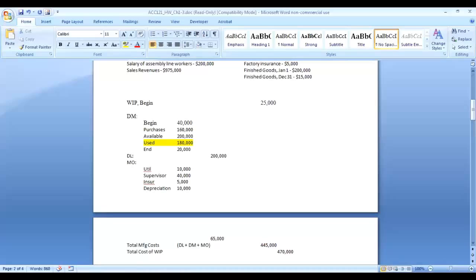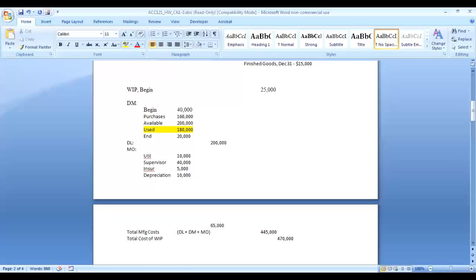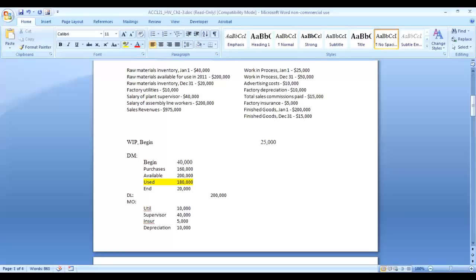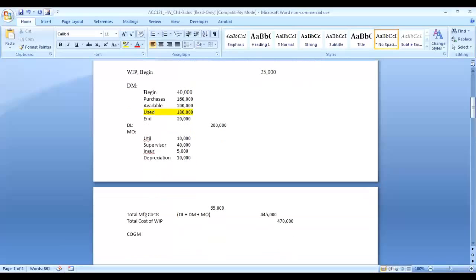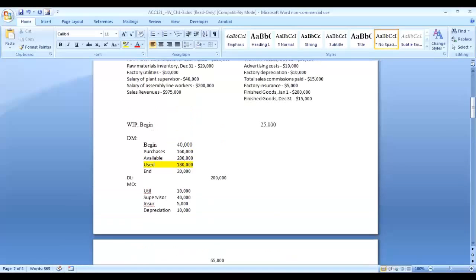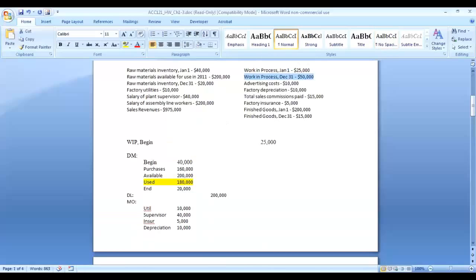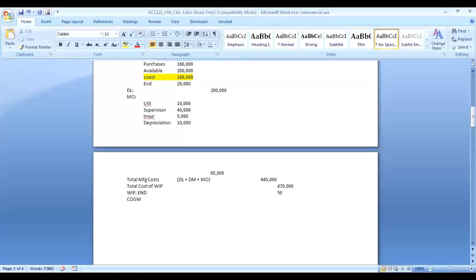So how do I get from total cost of work in process down to cost of goods manufactured? What else do I need to include or exclude? Do you include the finished goods? Not finished goods, not yet. We're going to use that on the income statement, right? It's my total cost of work in process minus what I had at the end of the year, 50,000.